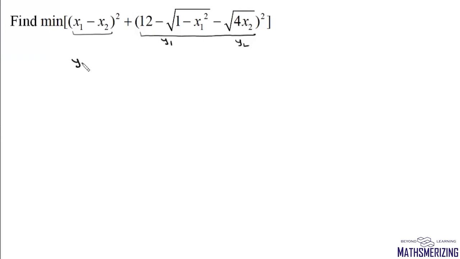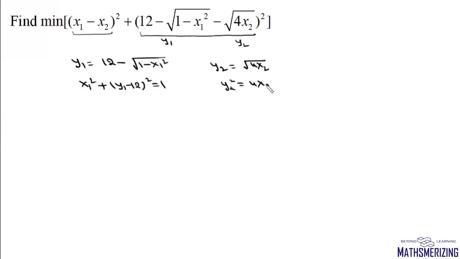We can write y1 as 12 minus under root of 1 minus x1 square, and we can write y2 as under root of 4x2. So if we'll square it, we can write this as x1 square plus y1 minus 12 whole square is equal to 1, and here it will be y2 square equals 4x2.